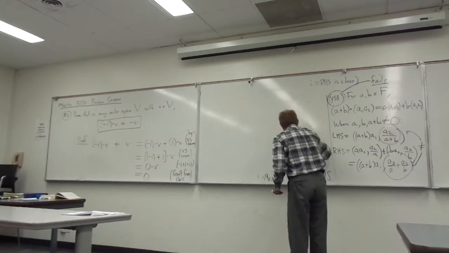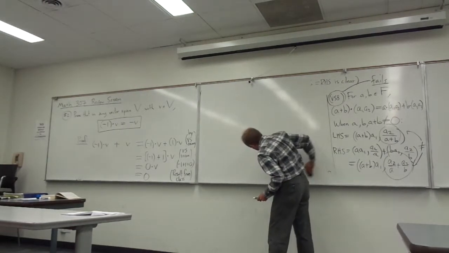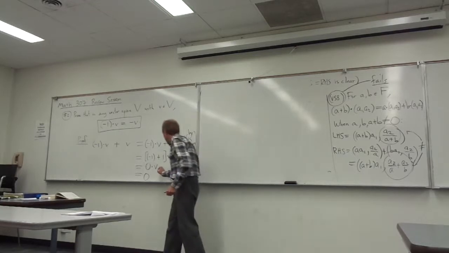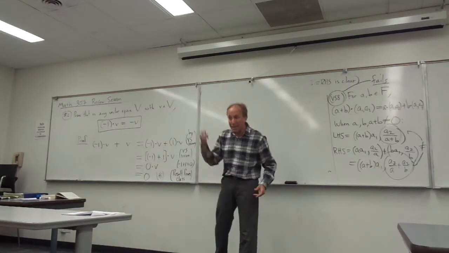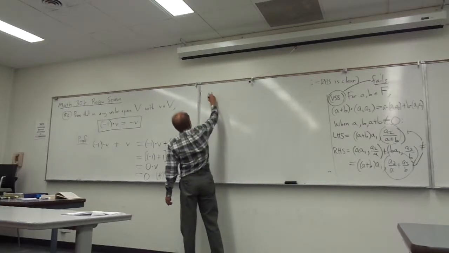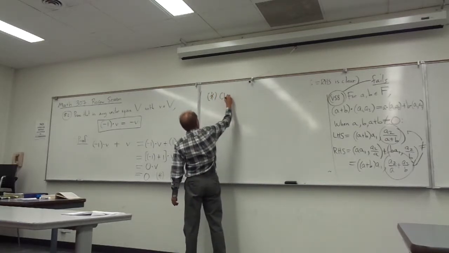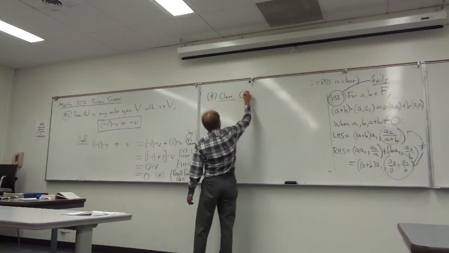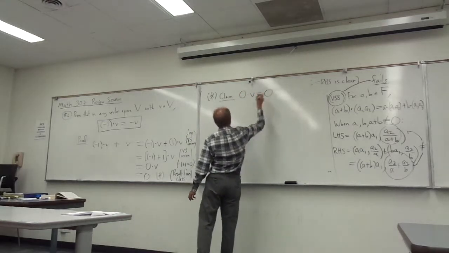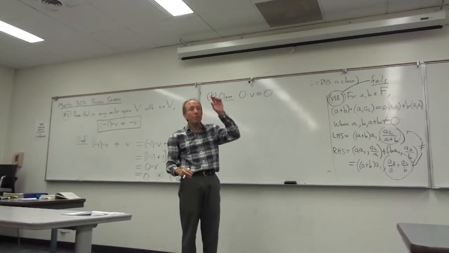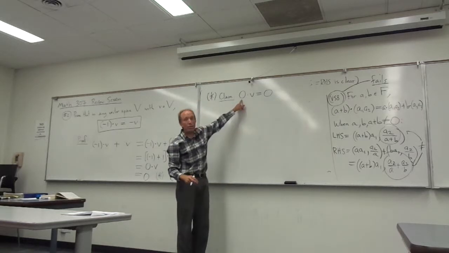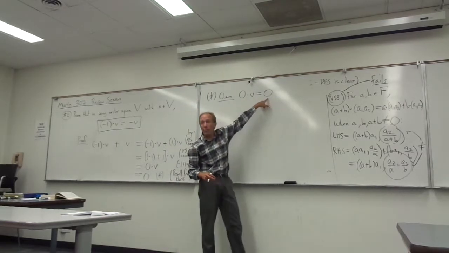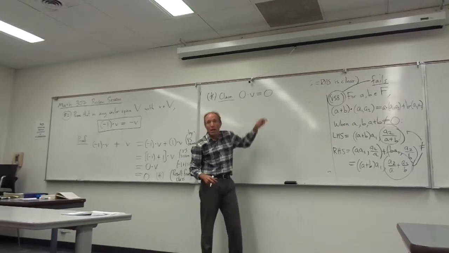Okay, so I probably wouldn't do this question if it involved two parts like this. Let me come over here and explain the asterisk. So I claim that 0 times v is 0. Now, we have to be very clear that this 0 on the left is the number 0. This 0 on the right is the vector 0.